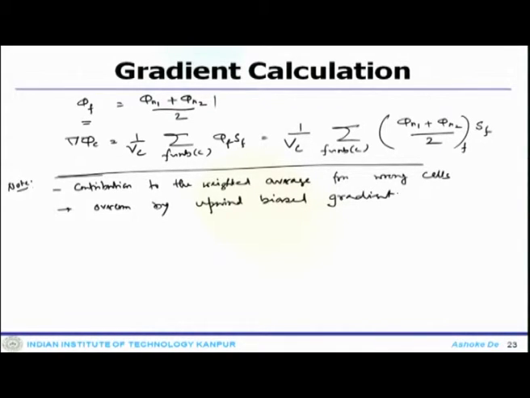And if you use some sort of a higher order upwind biased calculation, the computing overhead also goes up. So that is a little bit involved, and if you move from 2D to 3D, that becomes a bit tricky. Now, that is how one can use the compact stencil and calculate the flux variable at the face.